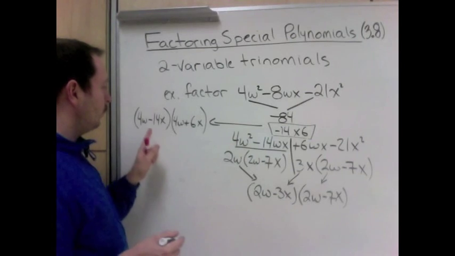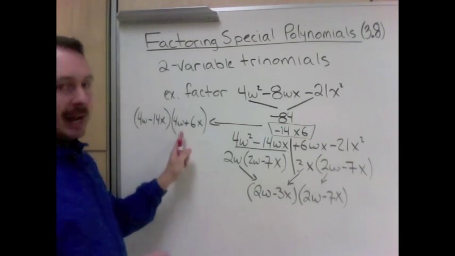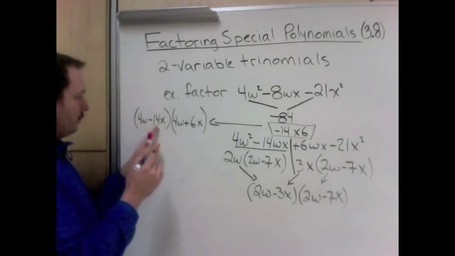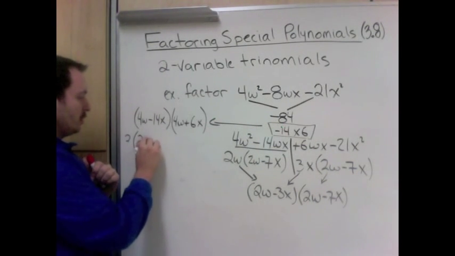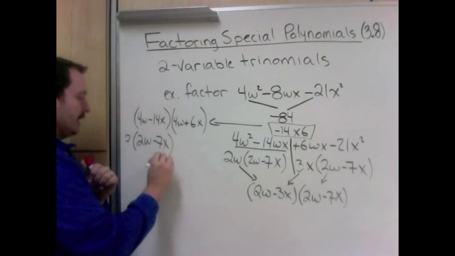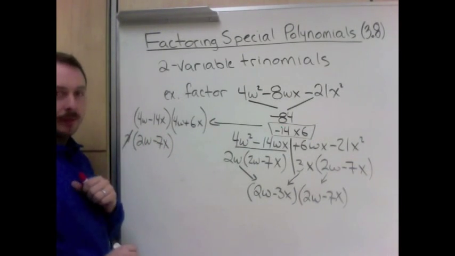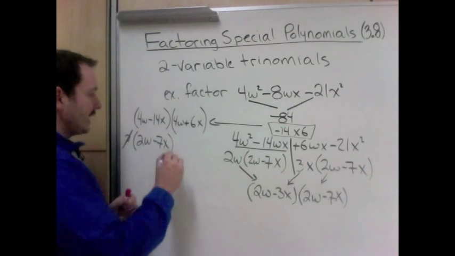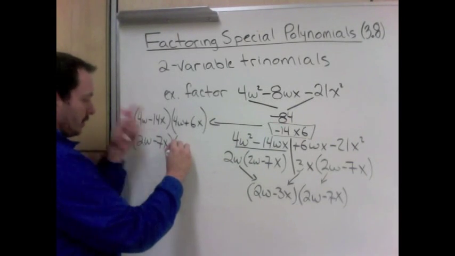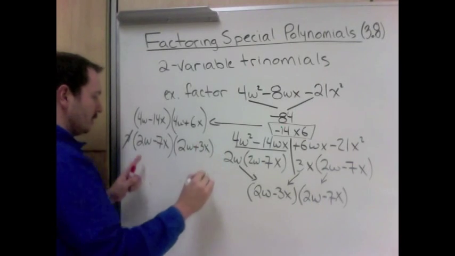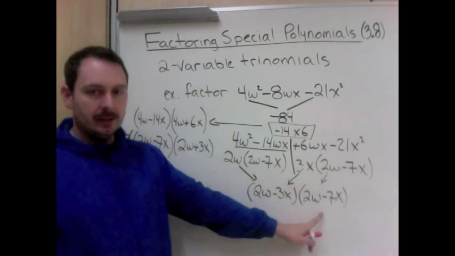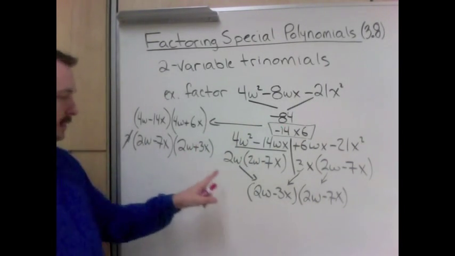And now, whatever they have in common inside a bracket has to go. 4 and 14 have a 2 in common. So I get 2w minus 7x, and that 2 goes away. 4w and 6x have a 2 in common. I'm just going to get it to go right now. 2w plus 3x. So 2w minus 7x. There it is. 2w plus 3x.